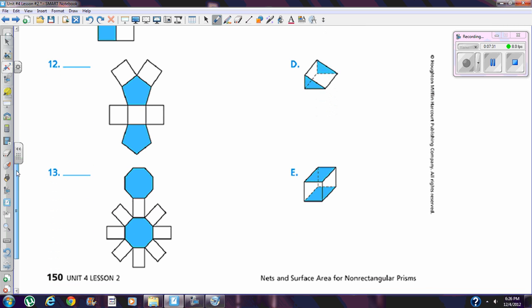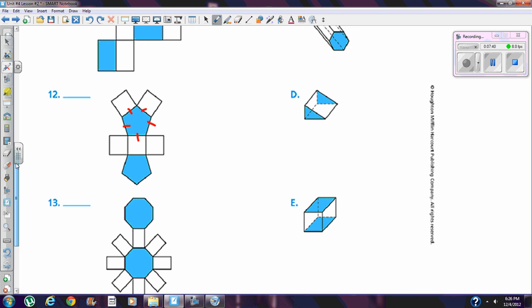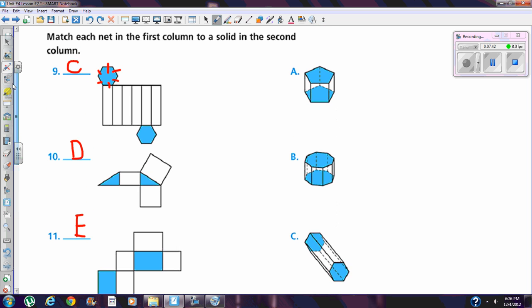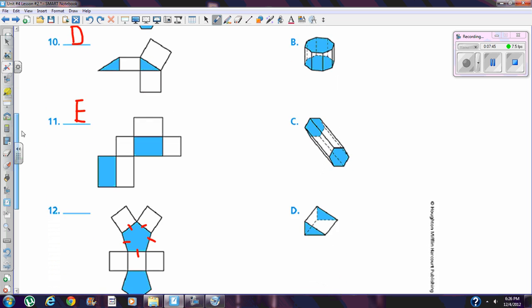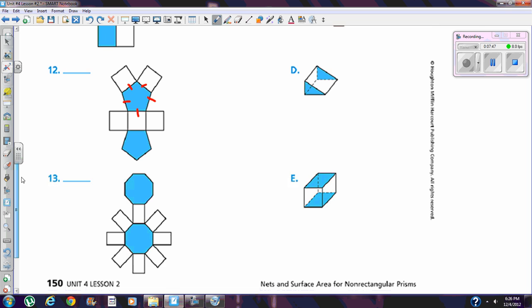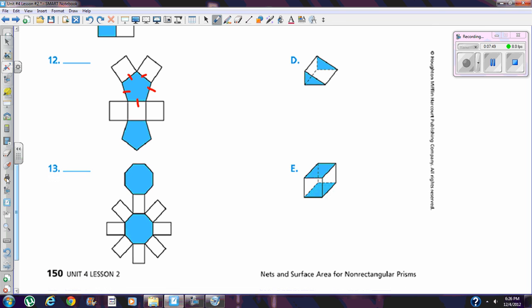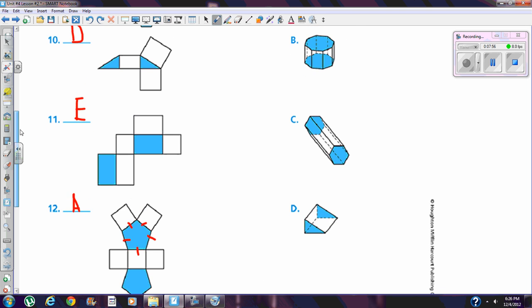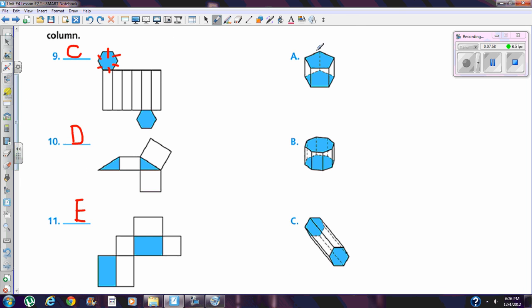Number 12, squares. And then you have 1, 2, 3, 4, 5. A, B, C, D, or E. Number 12. Hopefully you picked the answer A. Take a look at it here. 1, 2, 3, 4, 5.